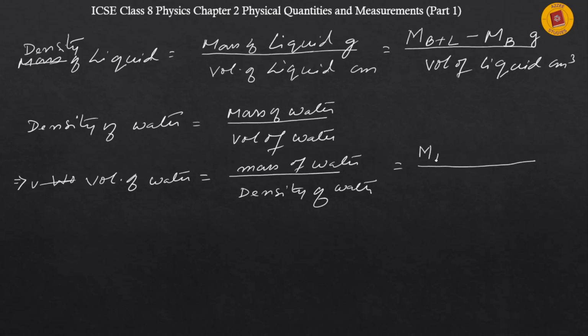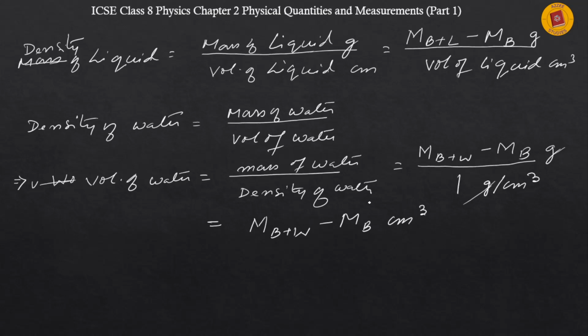That is m b plus w minus m b, mass of empty bottle in grams. And what is the density of water? It is 1 gram per centimeter cube, right? So this grams will cancel out and this centimeter cube will go up. So it is equal to m b plus w minus m b centimeter cube.